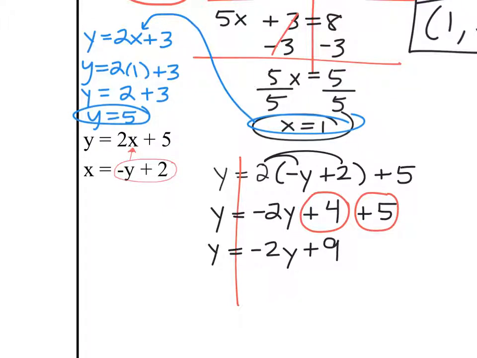Okay, let's think about what to do next. We're trying to solve for y. We've already simplified by distributing and combining like terms. Now we probably need to isolate, so what should I do? Add 2y, because then I'll have variables on one side.